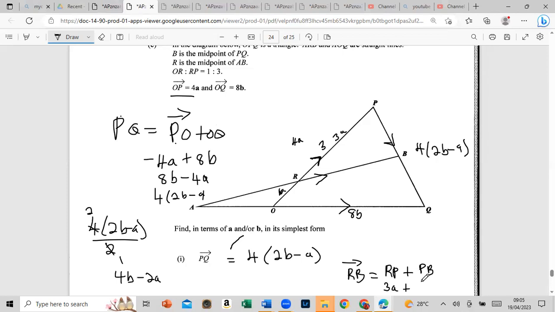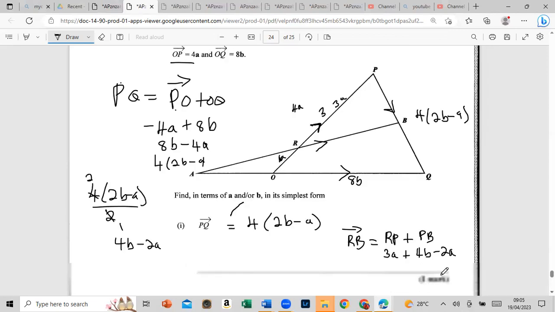So all we have to do now is just add these. So it's going to be 4b minus 2a. So all we have to do now is group the like terms. So we have 3a minus 2a plus 4b.